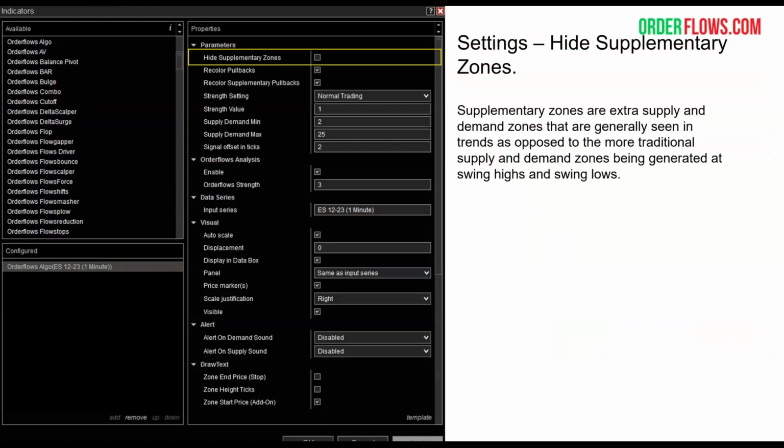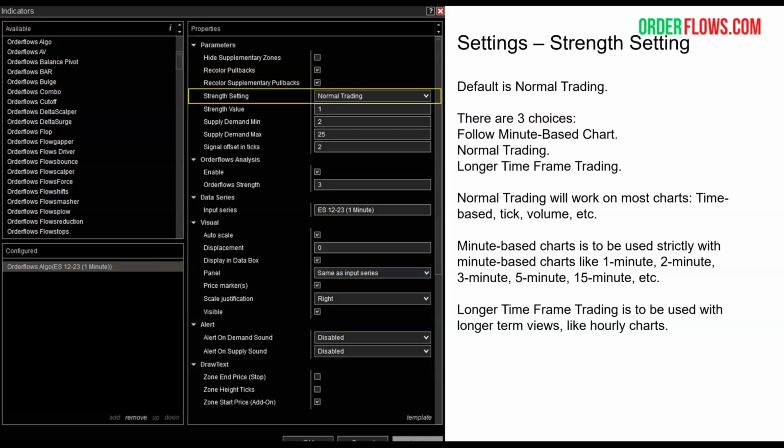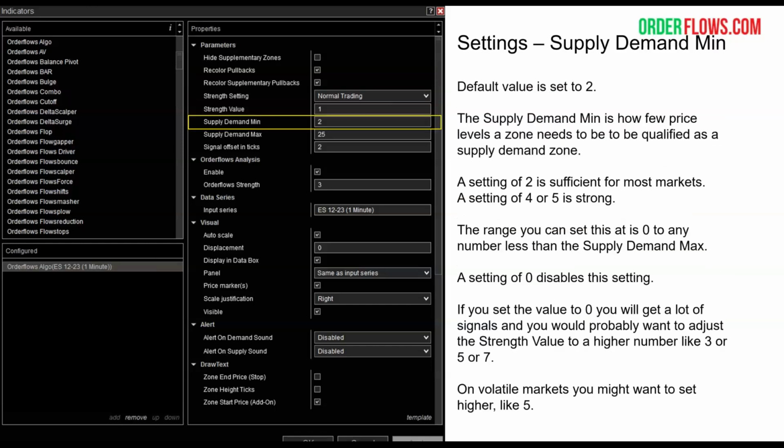Okay, so let's go through here. So that was some of these zones, right? Oh, the max, supply and demand, min and max. Okay, that's an important setting because with zones, there's different intensities of zones, okay? And that's where a lot of traders sort of overlook when they're looking at zones.